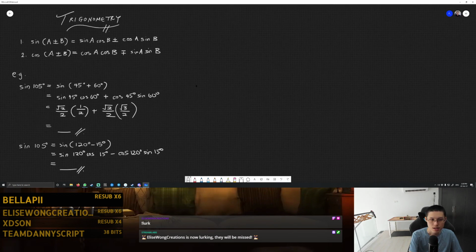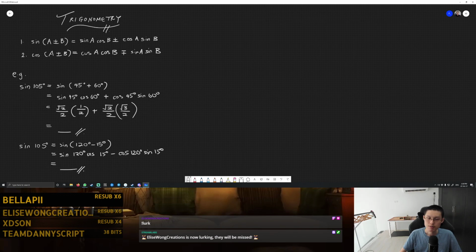Okay. Now, the bigger question is, why exactly are the addition formulas for these two, sines and cosines, the way they are? Why is it like that in the first place? Well, I'm going to show you that now.